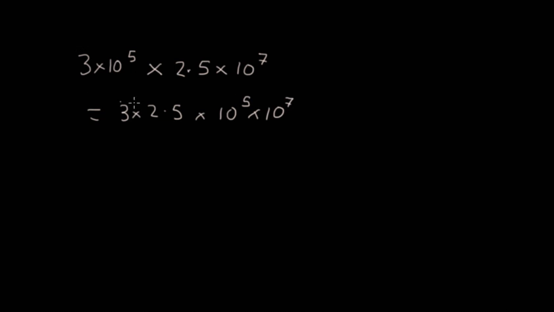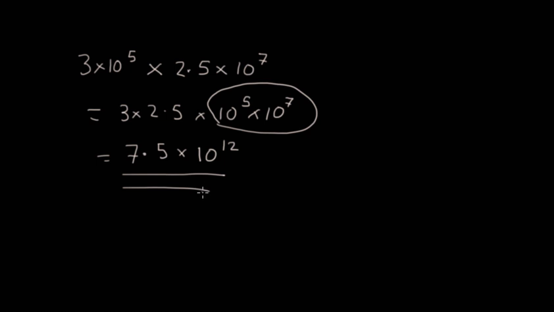So we've just rearranged the multiplication. 3 times 2.5 is going to be 7.5, and with this one, we deal with it using our laws of indices. When we multiply two numbers raised to different powers, it would be 10 to the power 7 add 5, which is going to be 12. And that's going to be our answer.